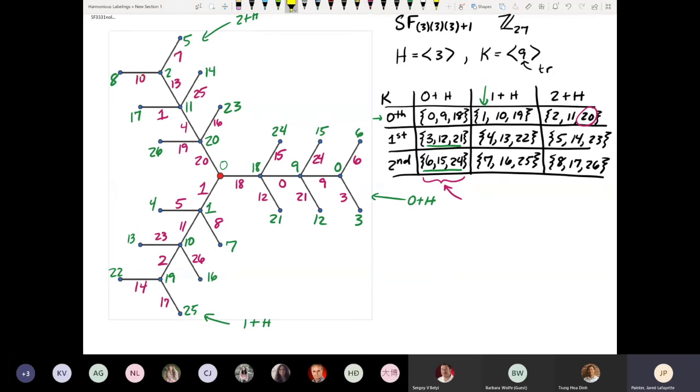So what we have here is a problem, right? I have this 1 popping up, which doesn't seem like it should be popping up there because that's a repeated label. So now I have a labeling that is almost harmonious, but it's not. I'm actually missing one of my first coset elements in there, and we couldn't initially figure out how to get it back. So this was really interesting.